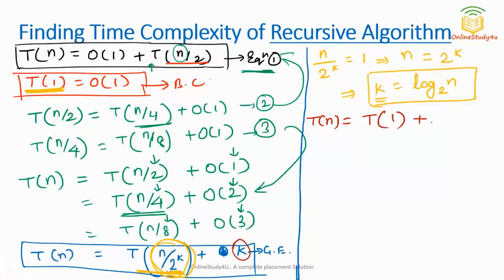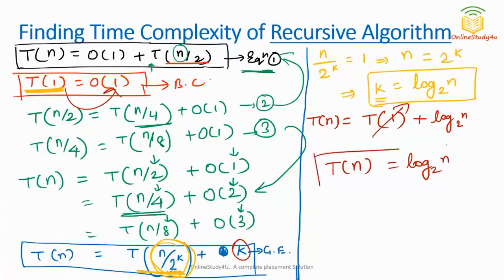We can replace this k with log of n base 2. Now T of 1 is what? Order of 1. You can see from here, and we can easily eliminate this. So we get T of n as log of n base 2. Is it clear? So this is the time complexity, big O of log of n base 2.